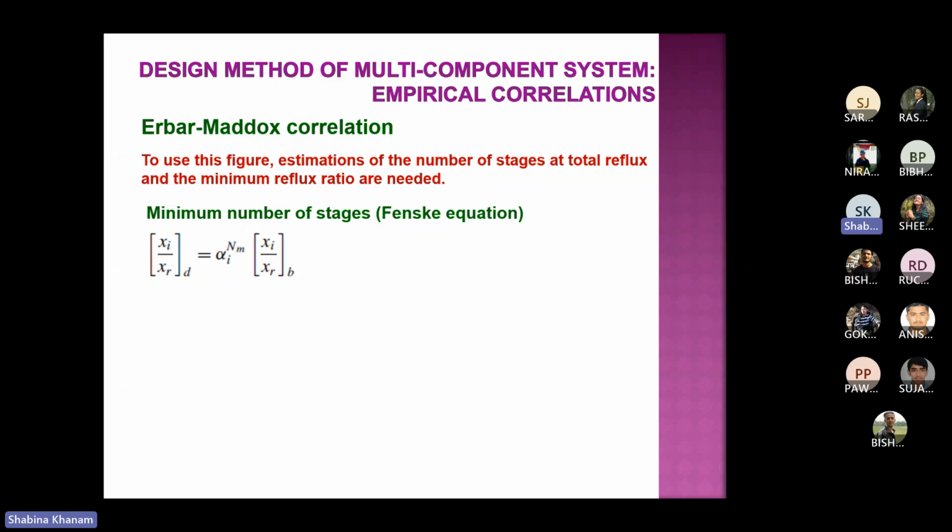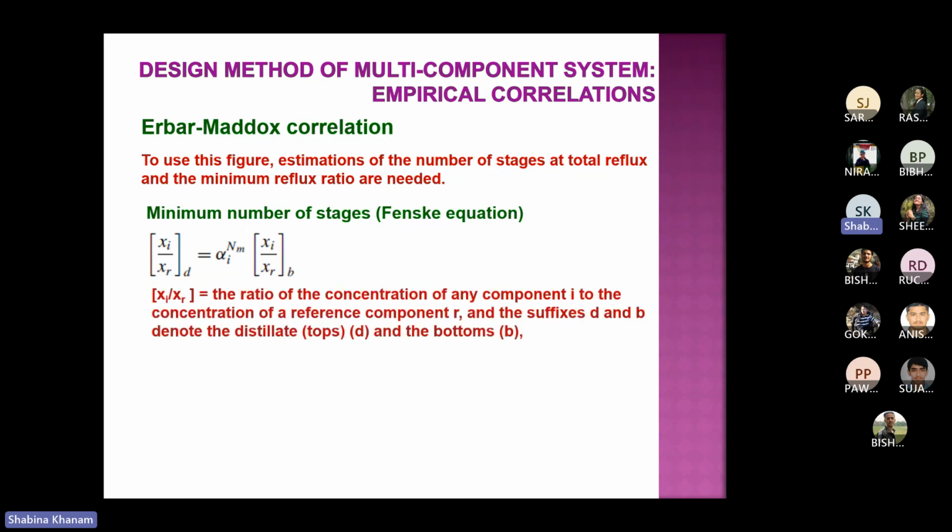Alpha i is the relative volatility, Nm is the minimum number of trays. So this is Fenske's equation. You must have read it in the mass transfer course. The parameters we have already discussed over here.